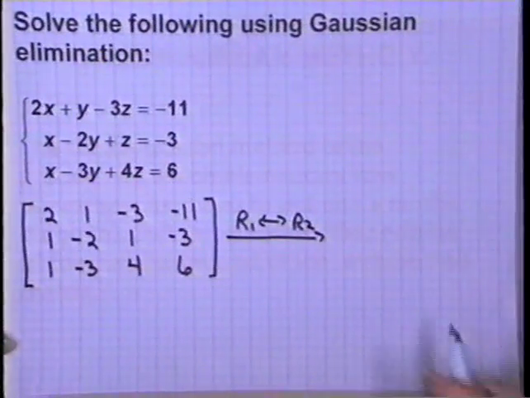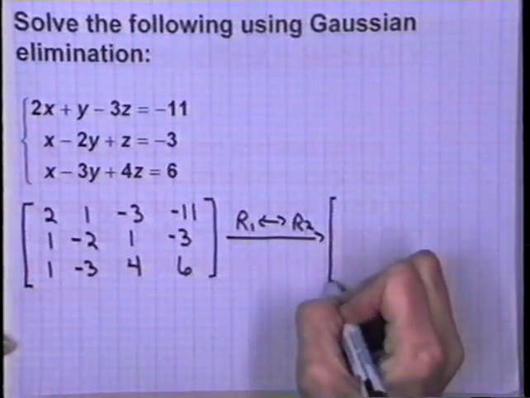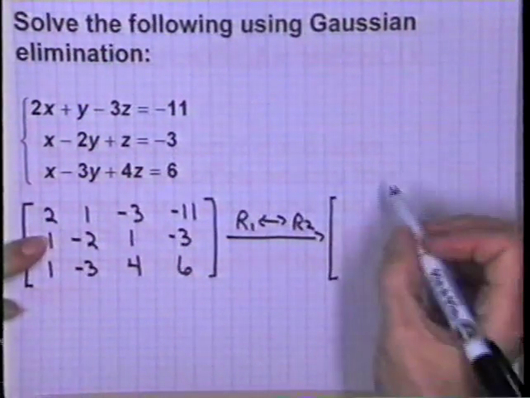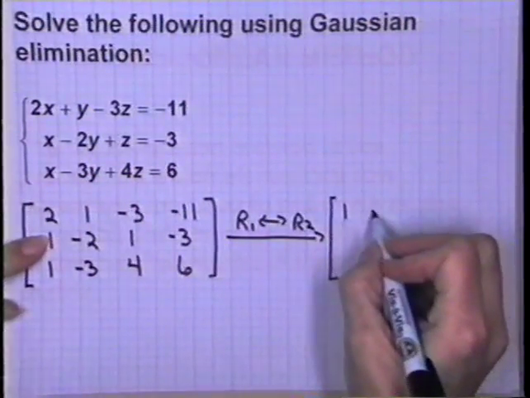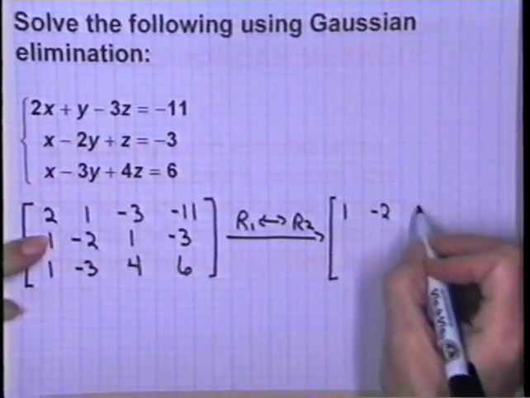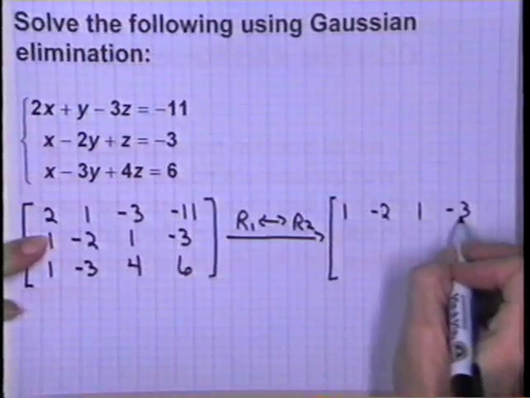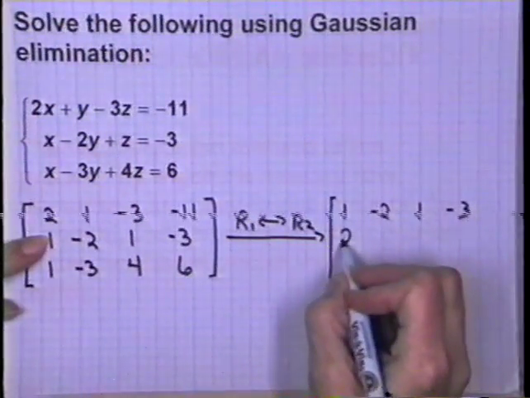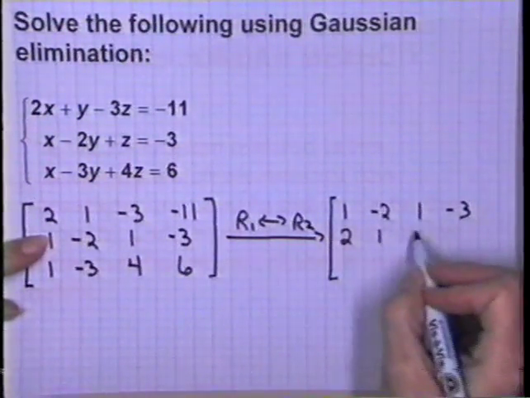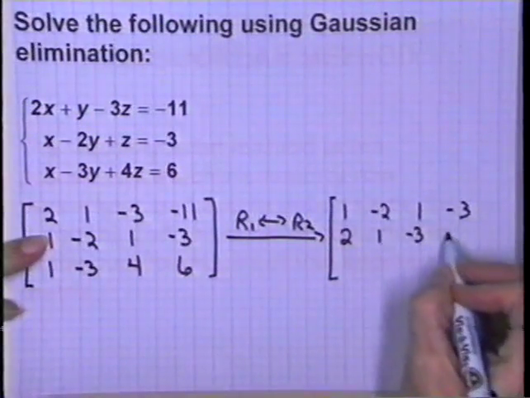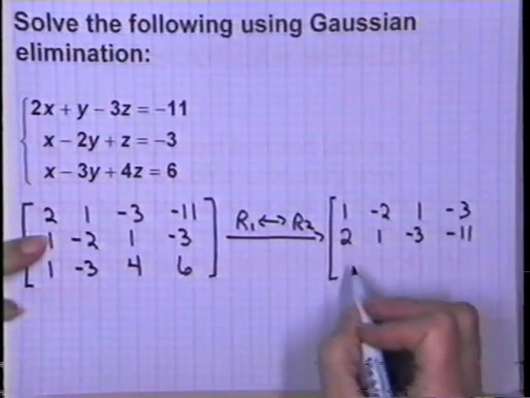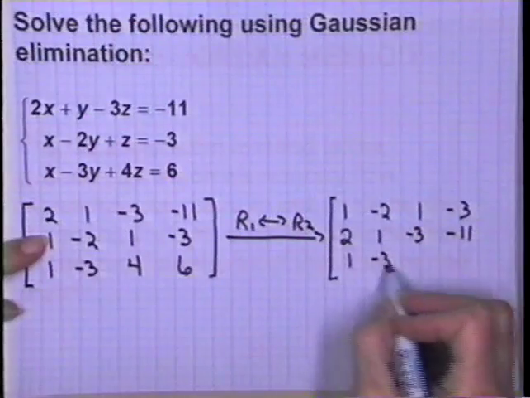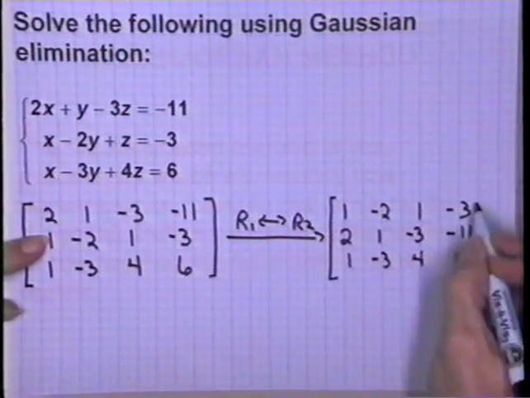Okay? So let's see. If I put row 2 first, I've got 1, negative 2, 1 and negative 3, and then I'm going to write row 1 down here in the second position, 2, 1, negative 3, negative 11, and we will recopy that third row.